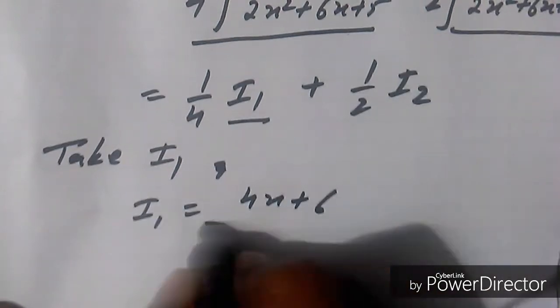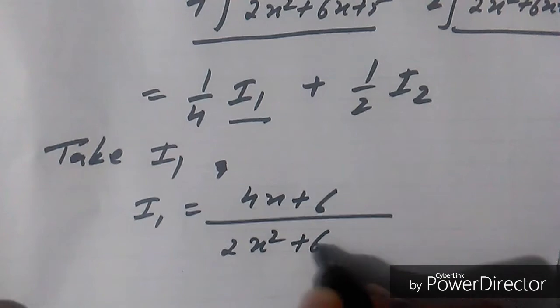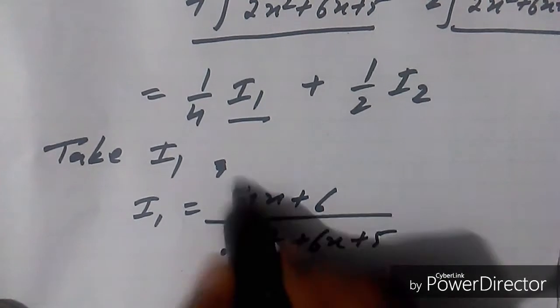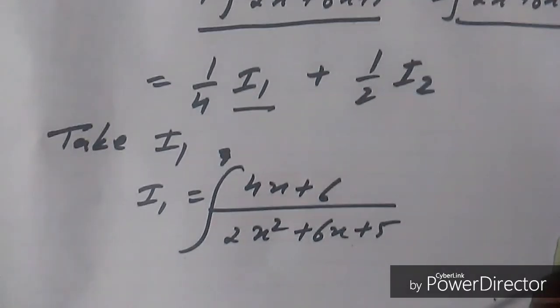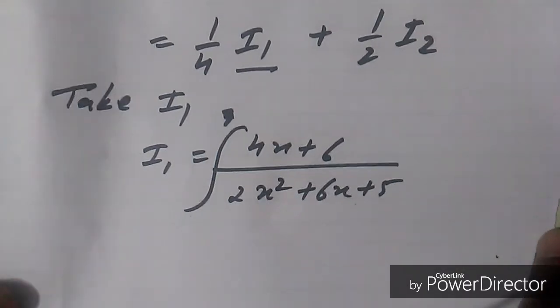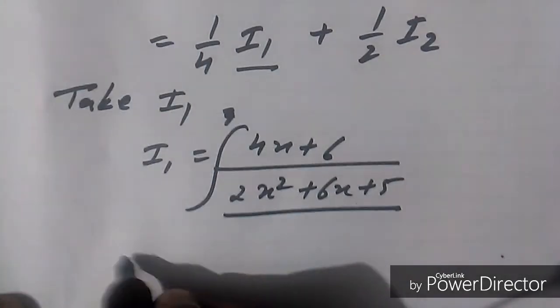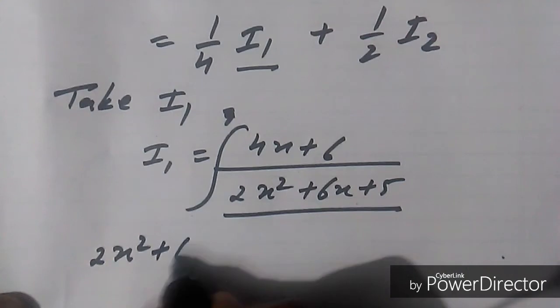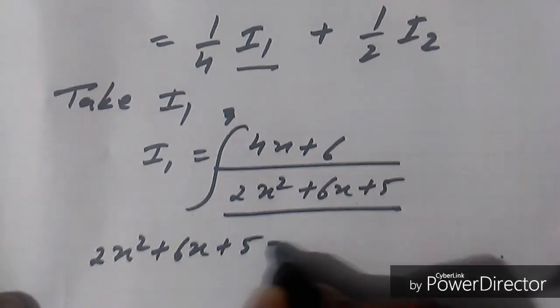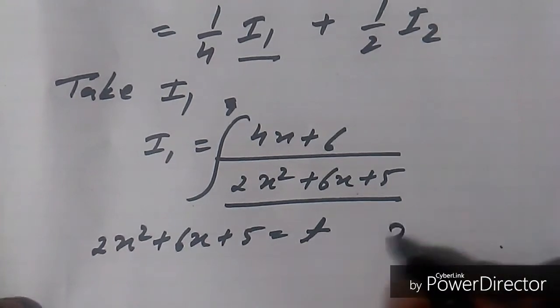Okay friends, now the I1 equation is integration of (4x plus 6) by (2x square plus 6x plus 5) dx. We solve it by the substitution method, and we put 2x square plus 6x plus 5 equal to t, and we differentiate it.